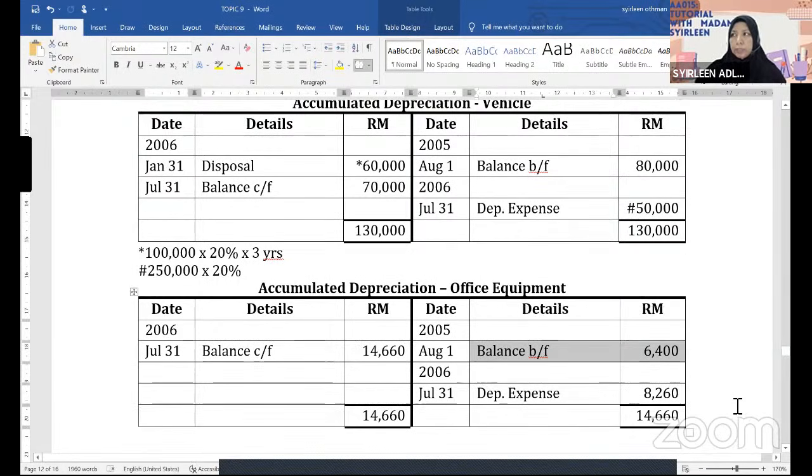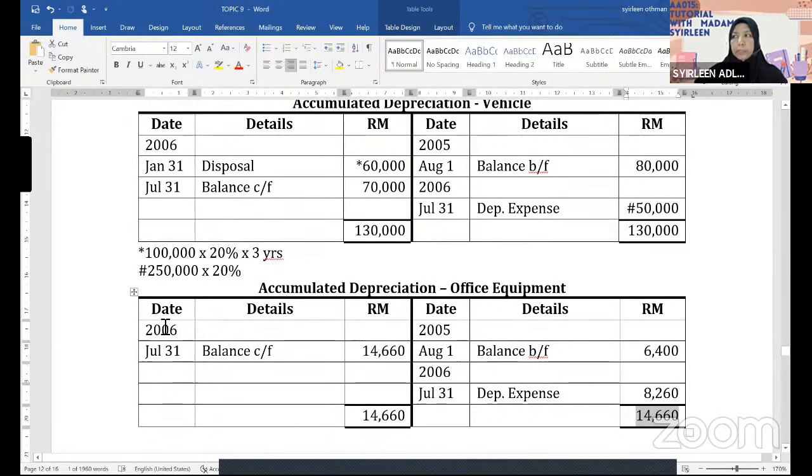Yang ni yang kita tolak tadi, untuk kira using the reducing balance method. And then for the current depreciation expense, the date is 2006, July 31st. So depreciation expense yang kita kira tadi is 8260. So jumlahkan sebelah kredit 14,660.